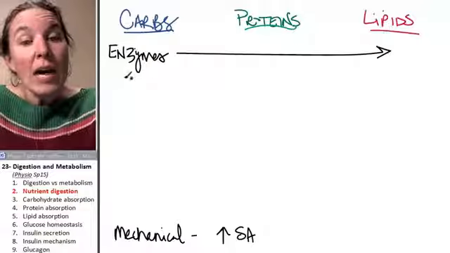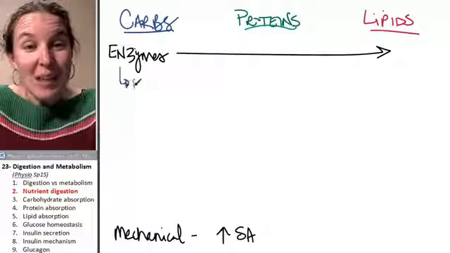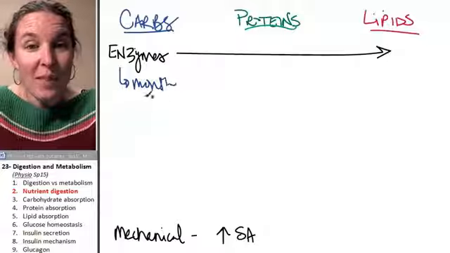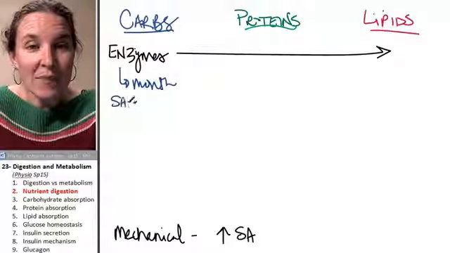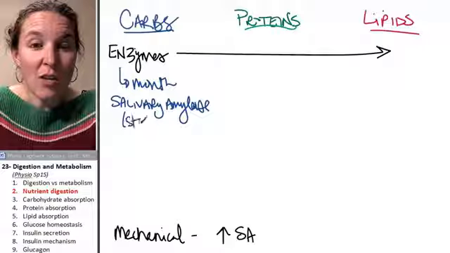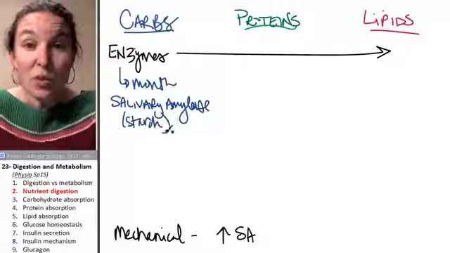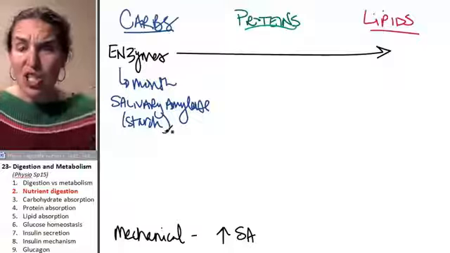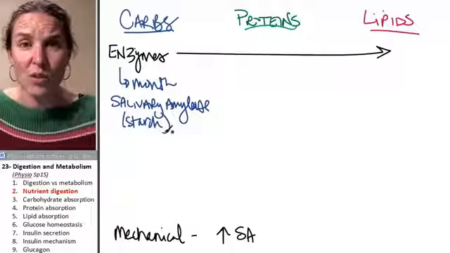So carbohydrate digestion begins in the mouth with salivary amylase. And salivary amylase breaks up starch. Starch is like a huge chain of glucose molecules.